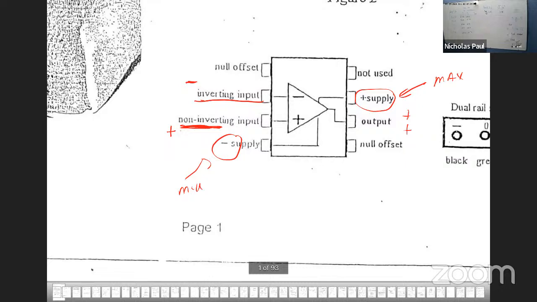What's happening with the inverting again? What do you think inverted means? So the positive becomes negative or the negative becomes positive.